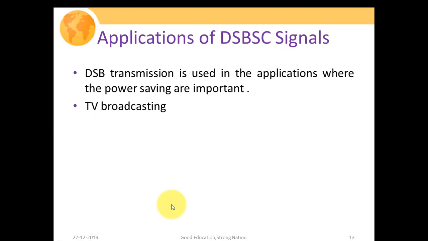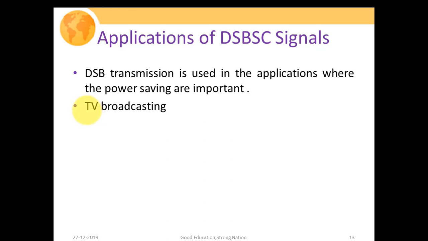These are certain applications of double sideband suppressed carrier signals. DSB transmission is mainly used in applications where power saving is more important. Obviously, this is the reason why we use suppressed carrier systems. It has also been used for TV broadcasting.